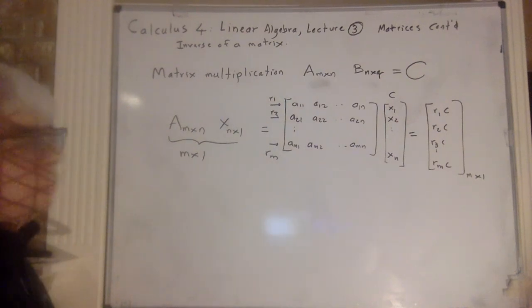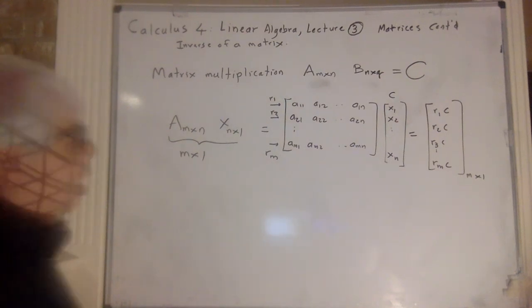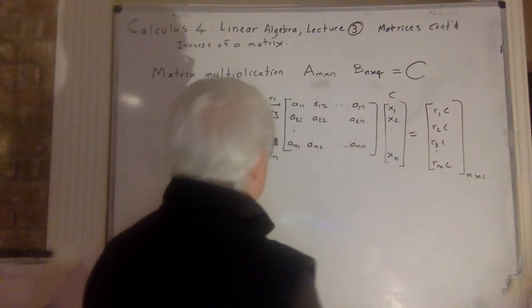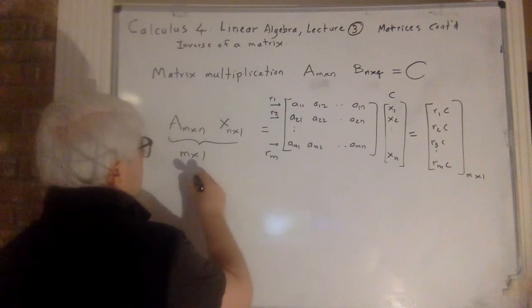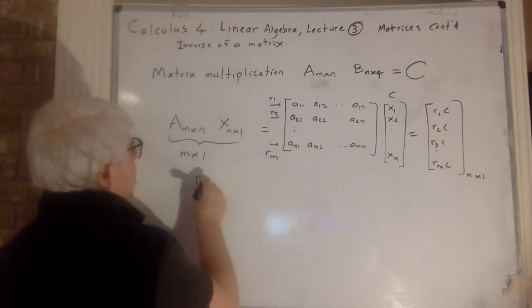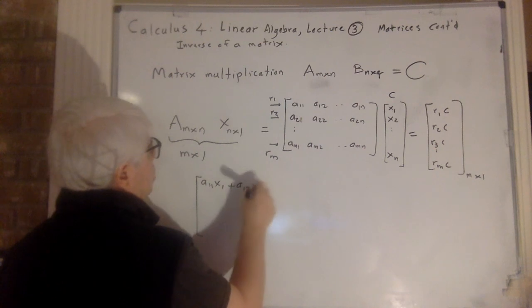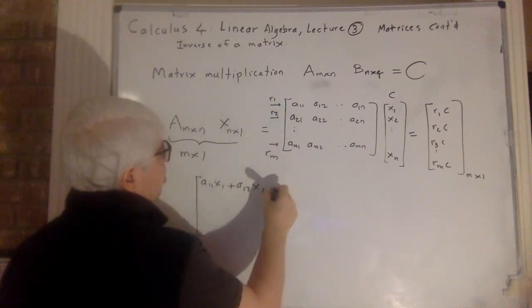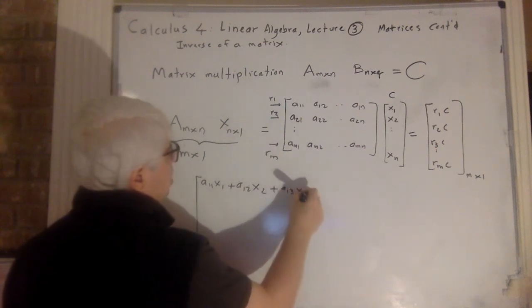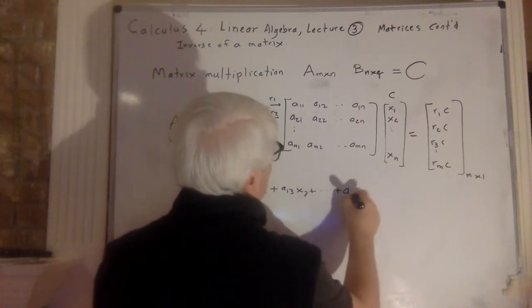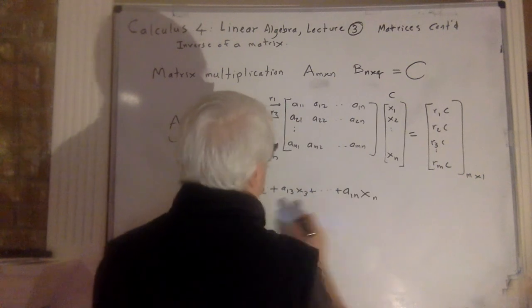So let's look at each one of them separately. When I multiply, I will get this: A11x1 plus A12x2. Remember, you multiply and add. Plus A13x3 plus up to A1nxn.